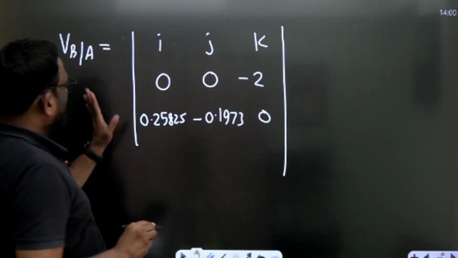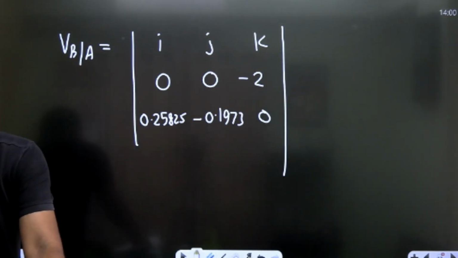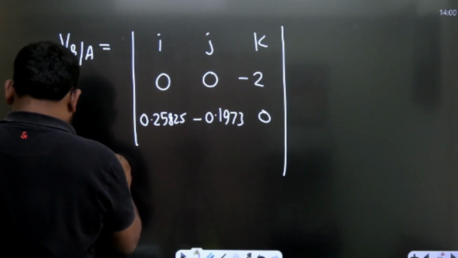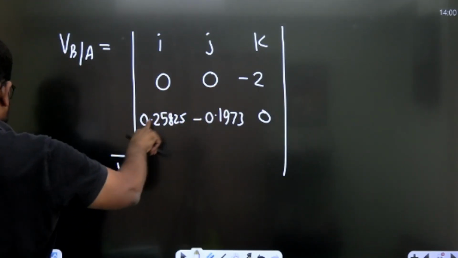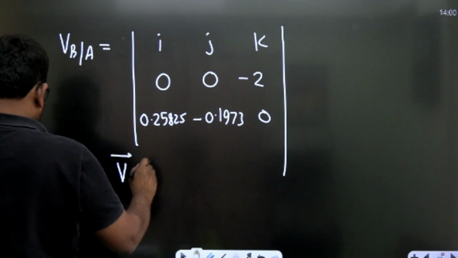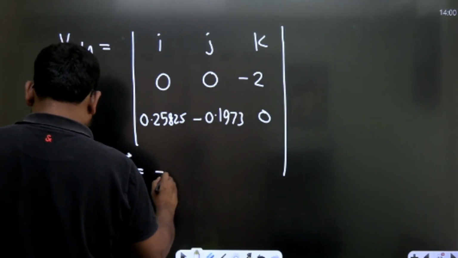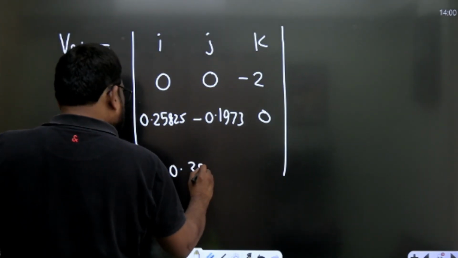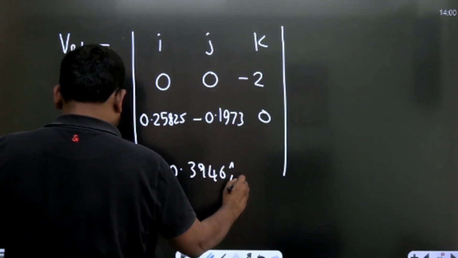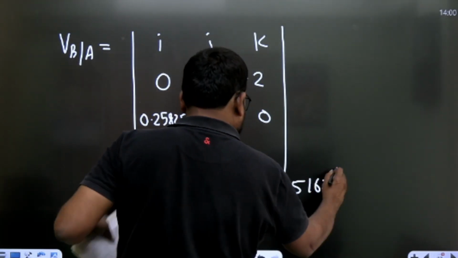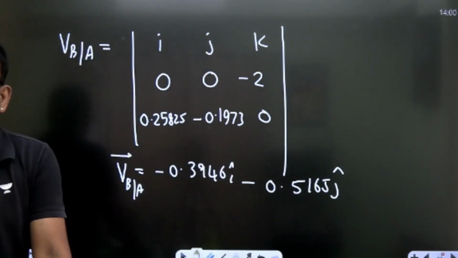There is no k. देखो I have written. So if you take the cross product, अगर आप इसका cross product लेते हैं, you will get the velocity of B with respect to A as minus 0.3946 i cap minus 0.5165 j cap.